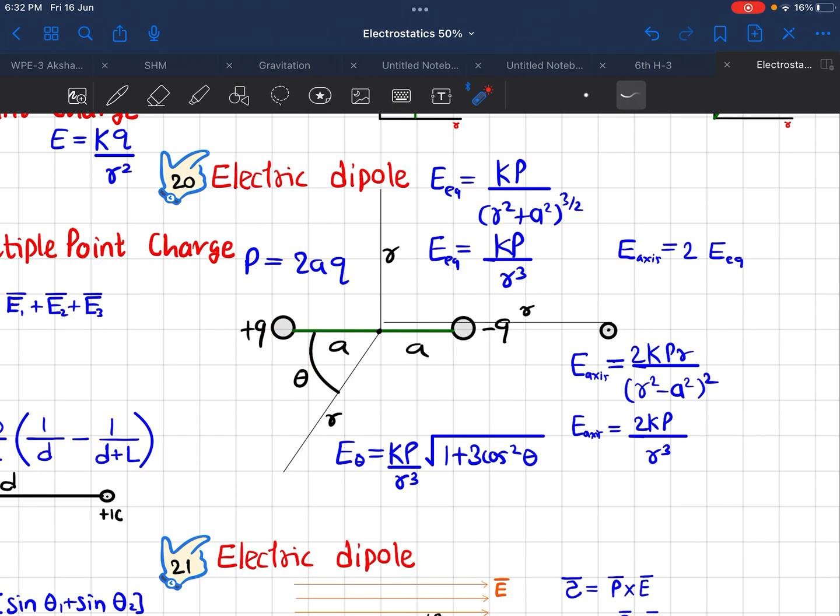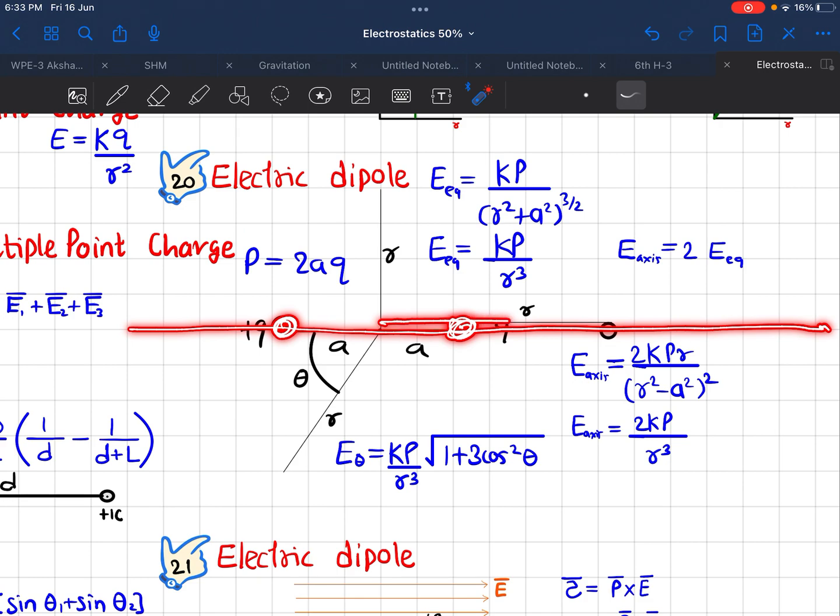Now, if we know the electric dipole moment, then we can find the electric field intensity of the dipole. There are three conditions. Condition number 1: electric field intensity of a dipole along the axis. What is the axis? The axis is the line passing through both the charges.